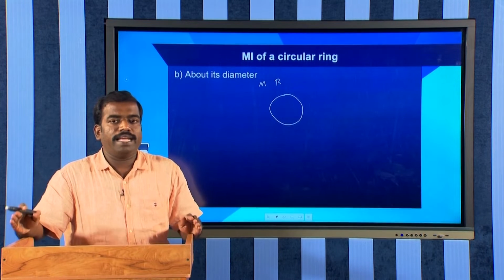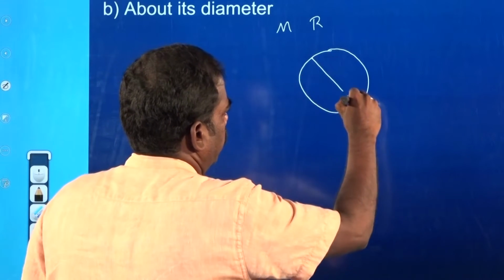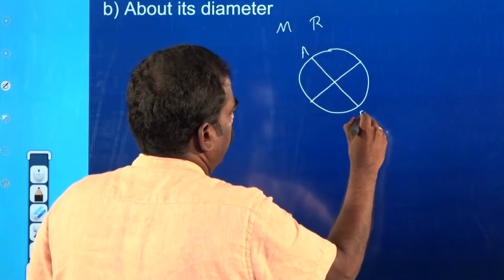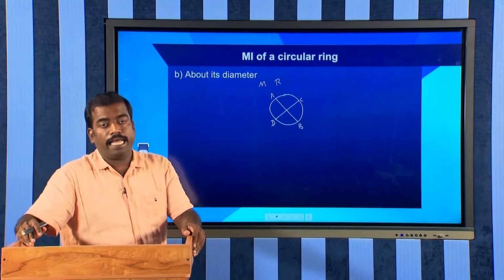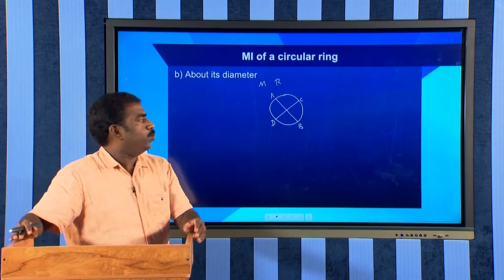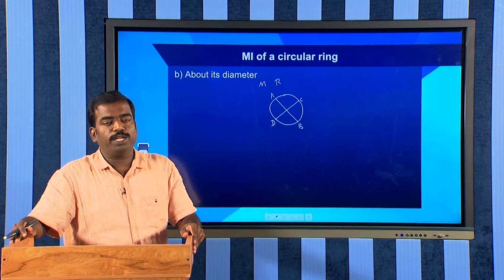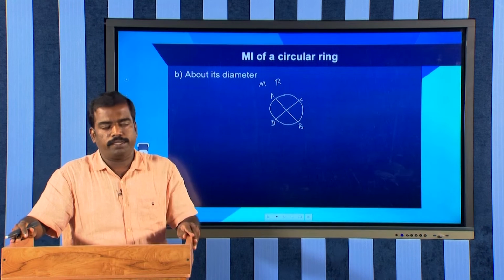Here we are considering two such diameters, AB and CD, which are mutually perpendicular to each other, and we need to find the moment of inertia of the ring about one of the diameters.